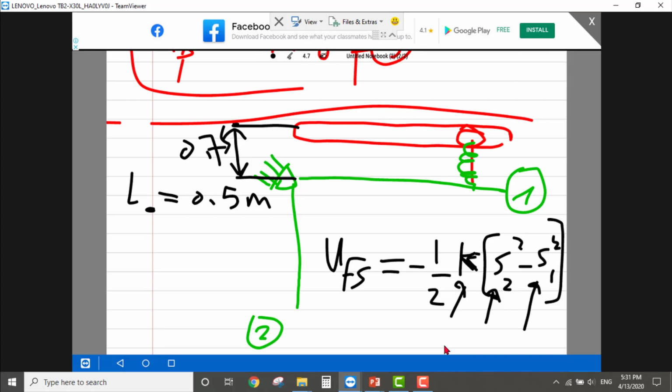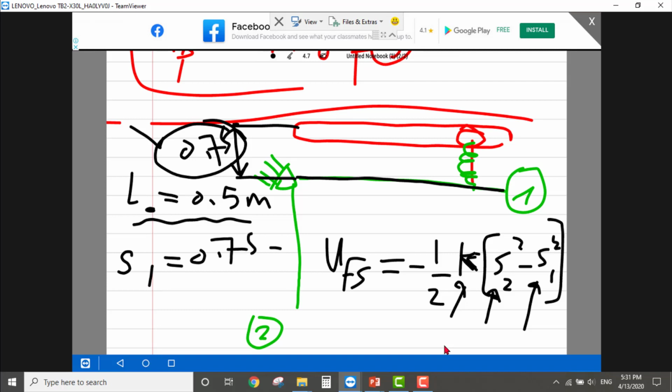So do we have stretching in state 1? If the original length is 0.5 and this distance is 0.75, do we have S1? The answer is yes. If this rod is completely horizontal and this distance is 0.75 and the original length is 0.5, then S1 is equal to 0.75 minus 0.5.